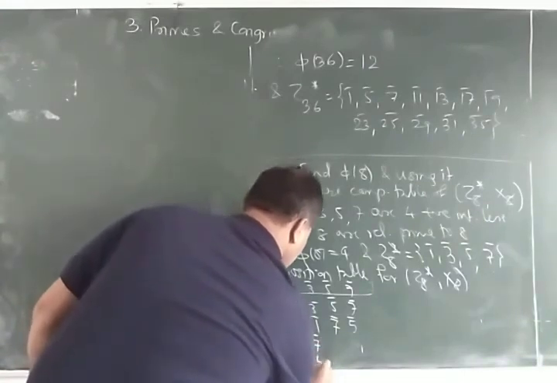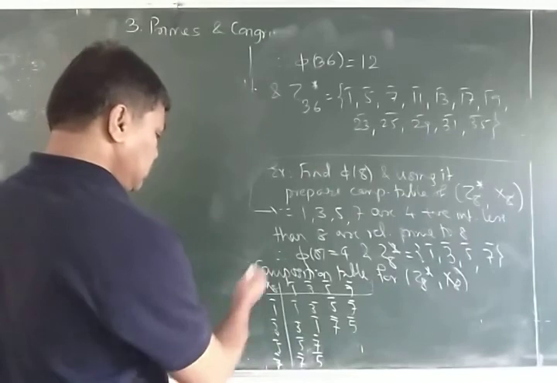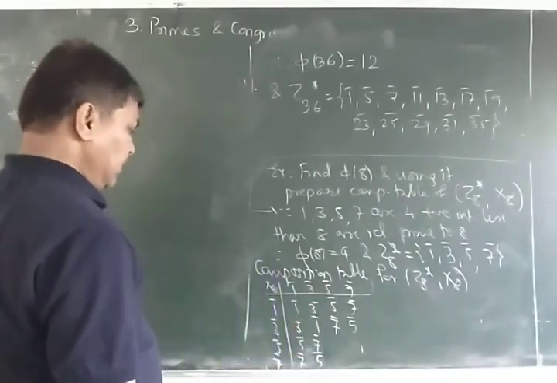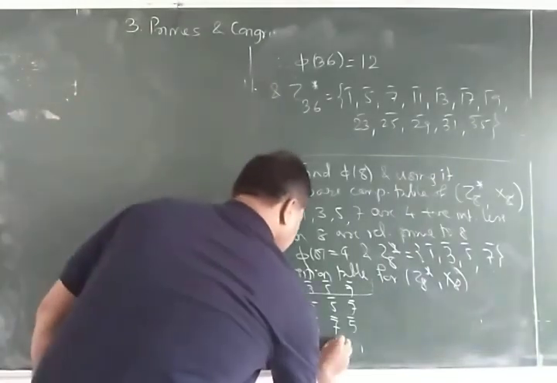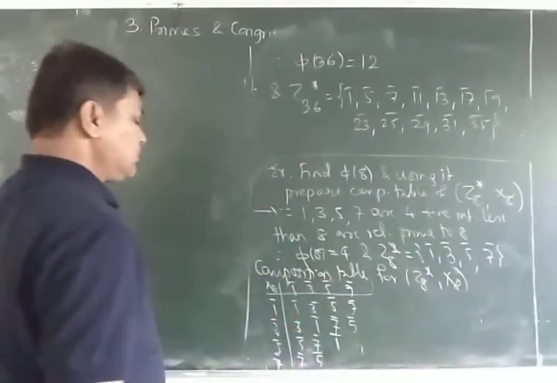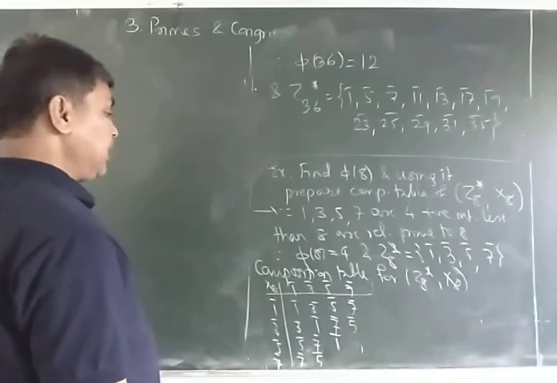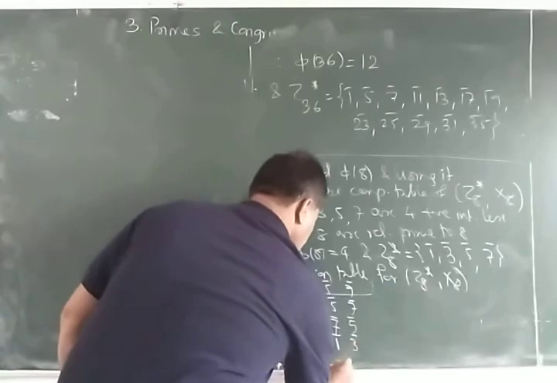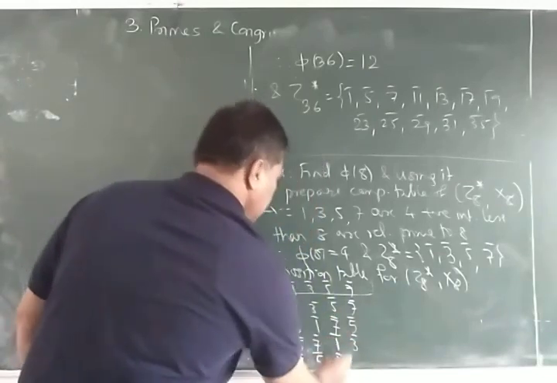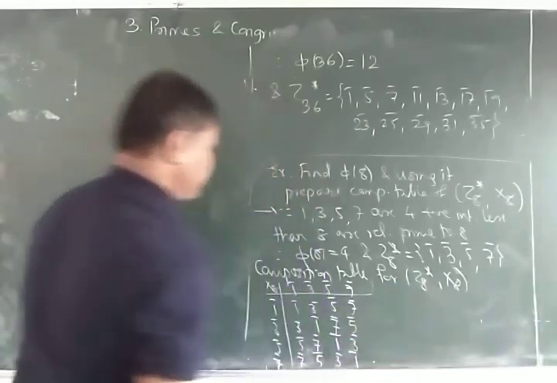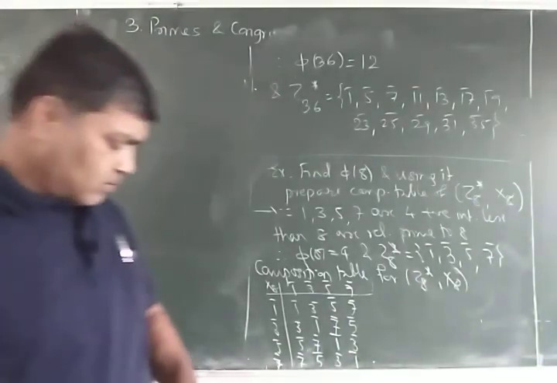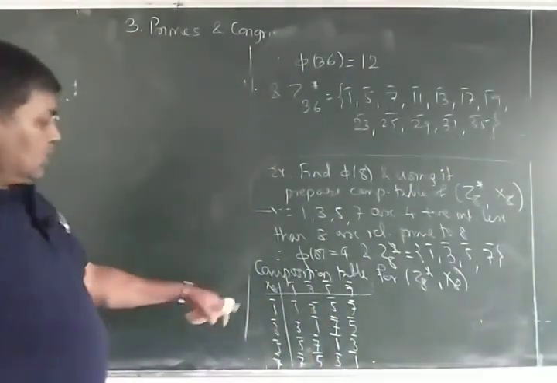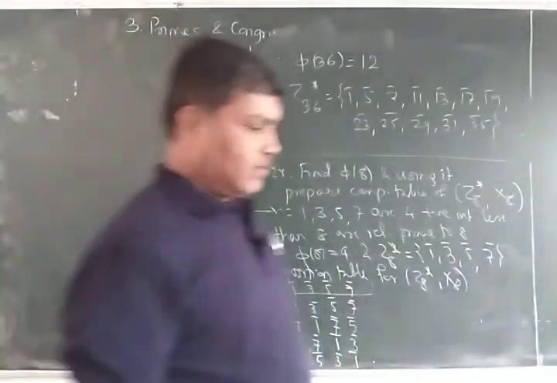Then this is 5 bar because it is symmetric. 5 into 5, 25, remainder 1. 5 into 7, 35 divided by 8 gives remainder 3. This is again 3 bar. 7 into 7, 1 bar. Is it clear? So this is the composition table for it.